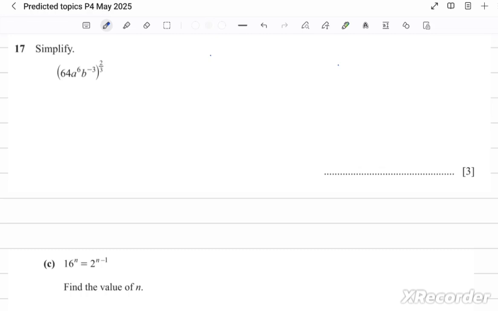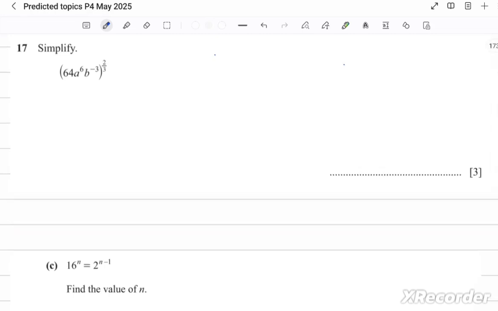Question 1 in index is, if you have this number like 64, a to the power of 6, b to the power of negative 3, all of them to the power of 2/3, how can we simplify this term?